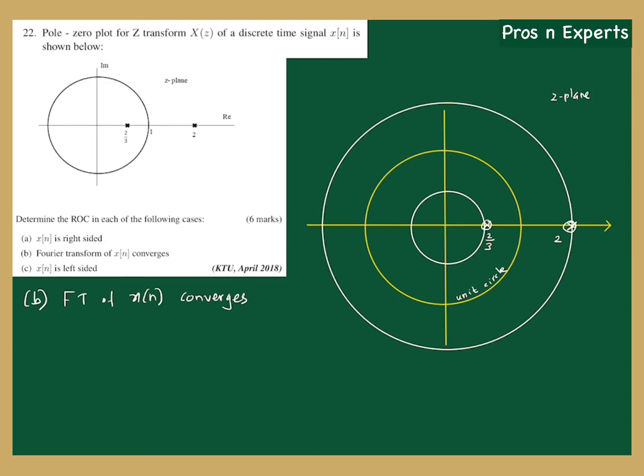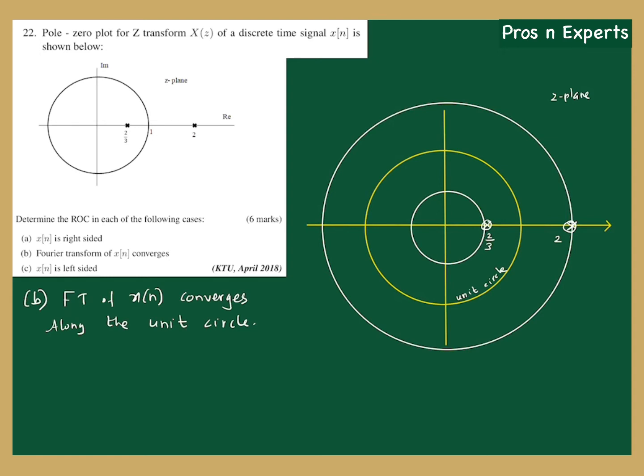DTFT is nothing but the Z transform evaluated along the unit circle. We proved that using the Z transform and DTFT equations. If you are not familiar with this idea, I request you to watch the previous 2 videos, part 21 and 22 of this video series.